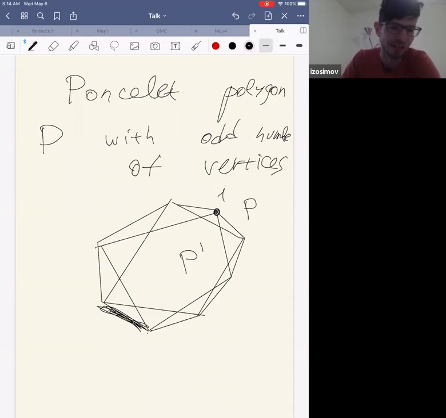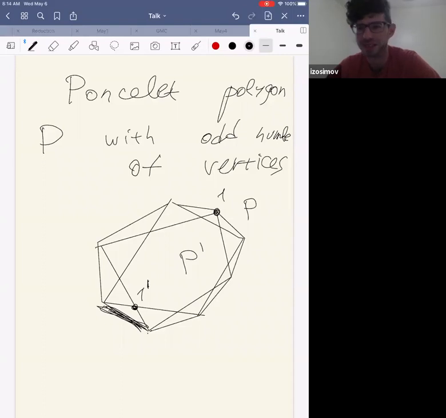Well, if I got the number of vertices correctly, of course. But basically, we look at the opposite side, and there is a vertex of the new polygon that's adjacent to this opposite side, and that we call 1 prime. And then we label all vertices in the same way. And this is something that can be done only for an odd number of vertices, simply because for an even number, there is no notion of opposite side.